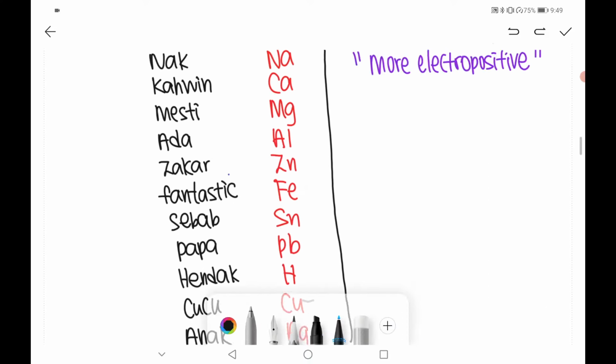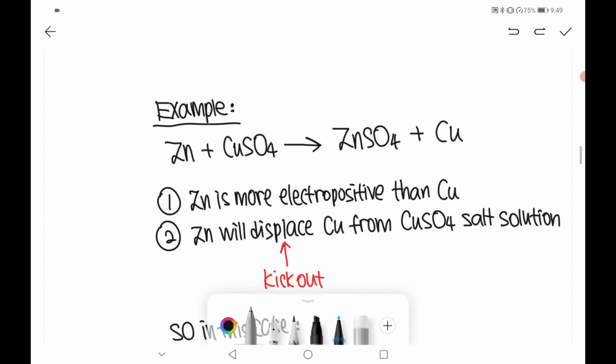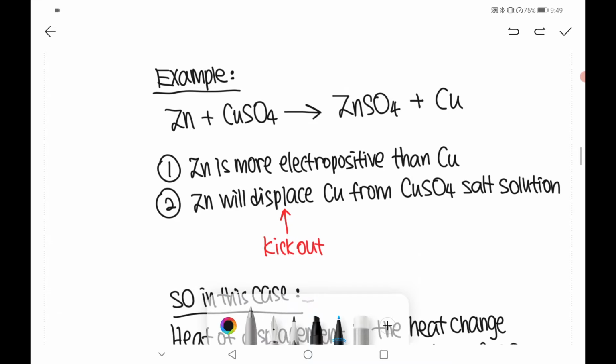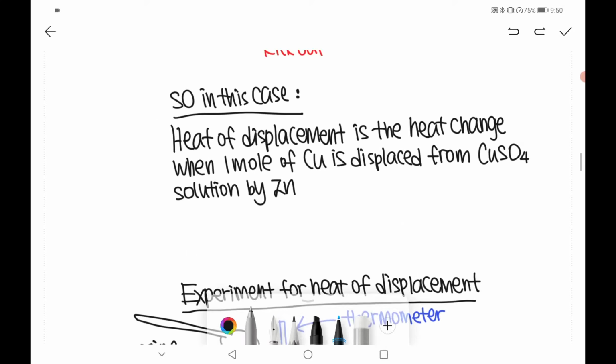We must kick the copper from where? You always kick the metal from the salt solution. What is the salt solution here? In this case, the solution is copper sulfate. We kick the copper out from the copper sulfate solution, so when 1 mole of copper is displaced from copper sulfate solution.